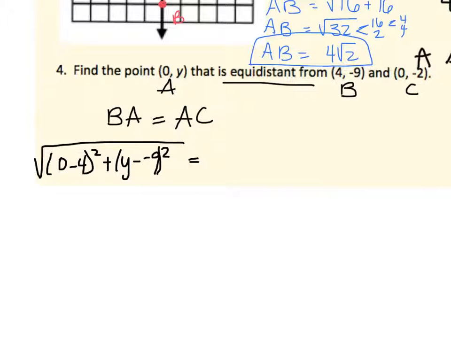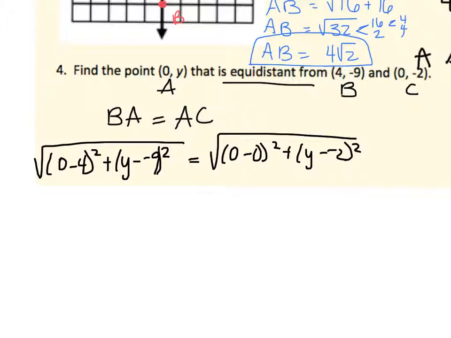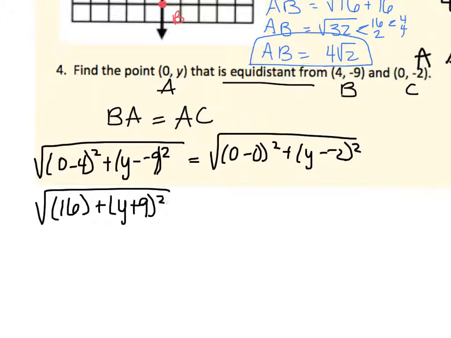And then we've got the square root for AC, so (0 minus 0) squared plus (y minus negative 2) squared. Simplifying, 0 minus 4 is -4, and 4 squared is 16, and then I'll have (y plus 9) squared. That's going to be 0 for the first part of AC, and then I just have (y plus 2) squared.